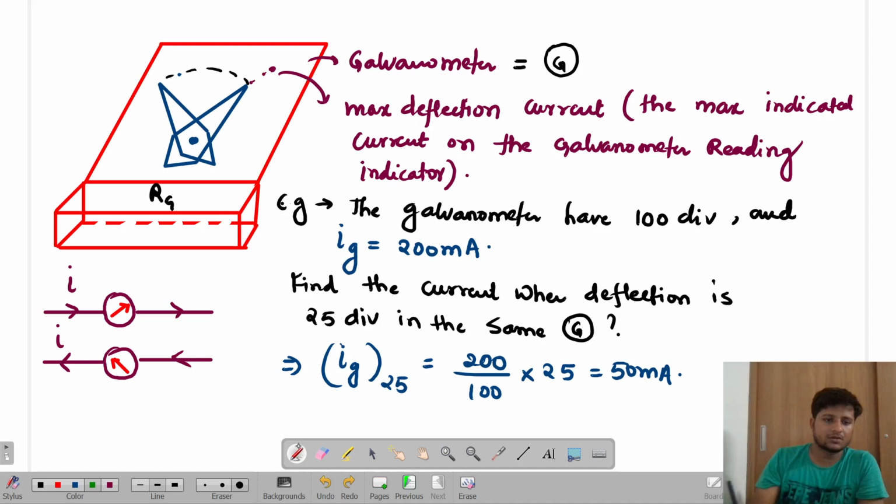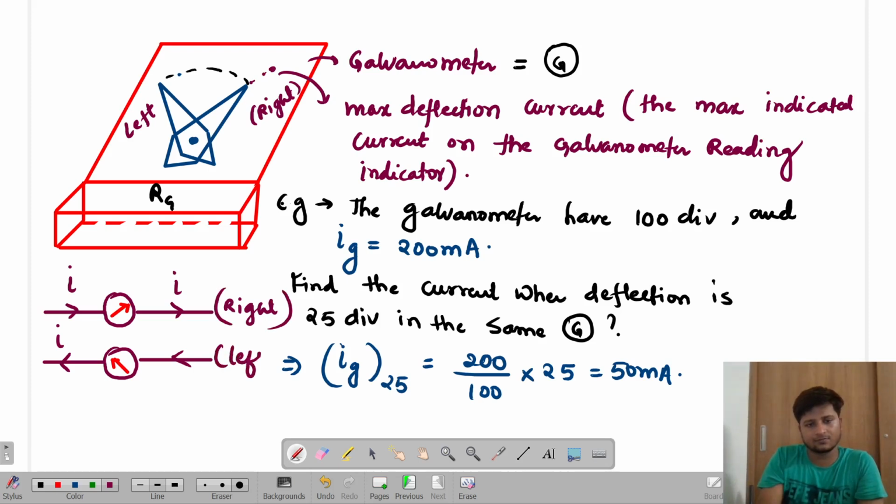When the current goes back, it will turn left, towards this side, which means left direction, and this means right. Got it?